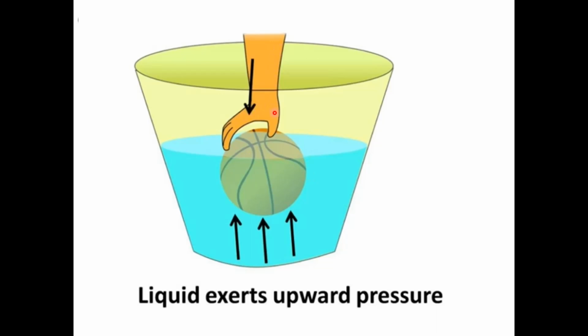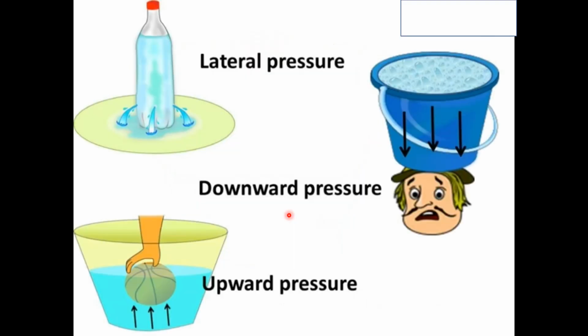If you are pushing downwards, again you can feel some upward force exerted by the water. That means the water is also applying upward force against your force, so that the ball will not sink in the water. So, we saw that the water can apply lateral pressure, downward pressure as well as upward pressure.